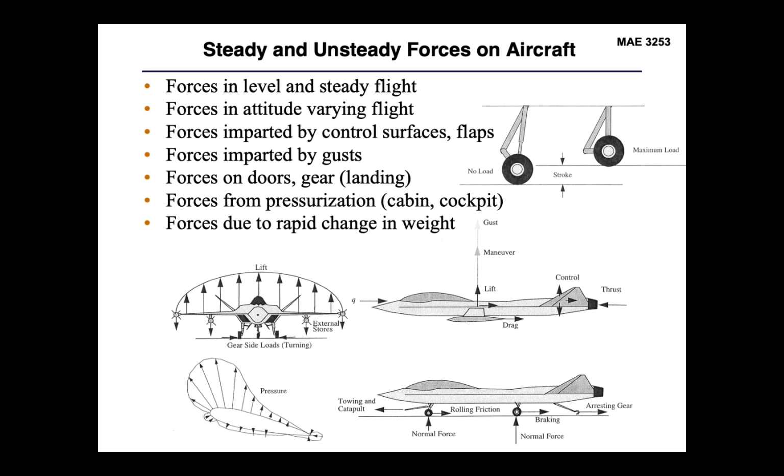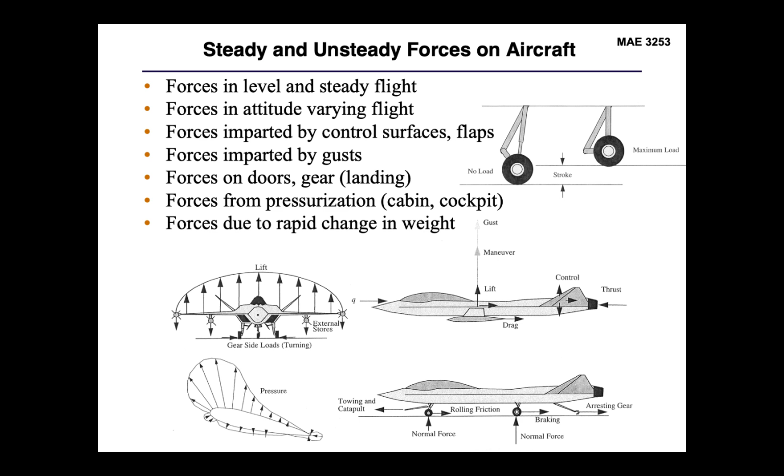When we encounter things such as gusts, when we take off or land, it's going to be these dynamic forces acting on our aircraft that are really going to determine what the overall structural design of our aircraft is going to look like.